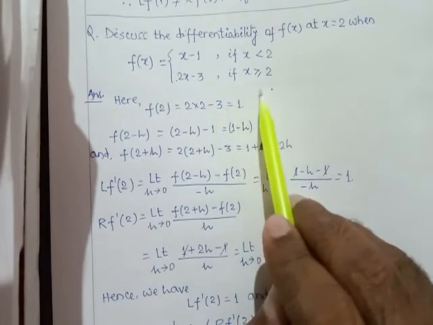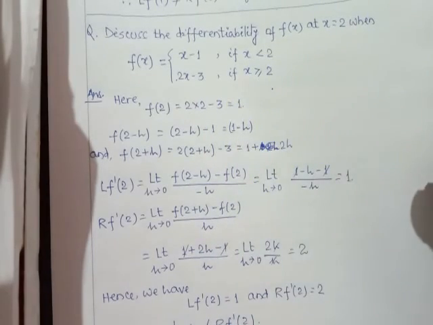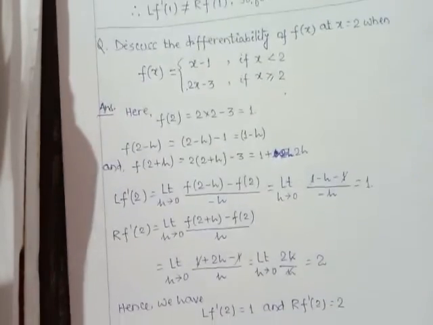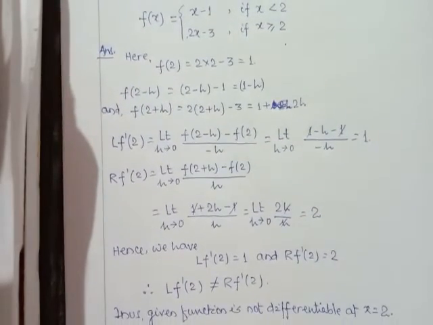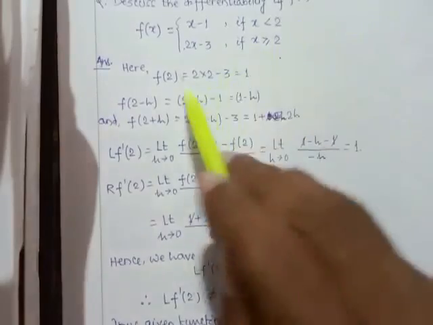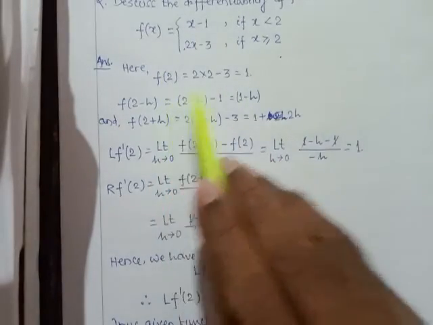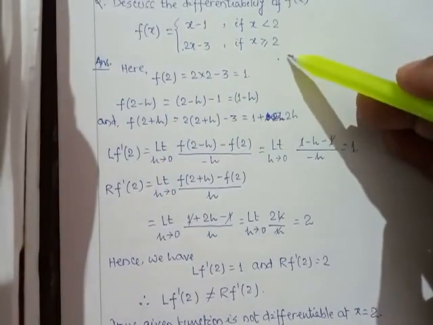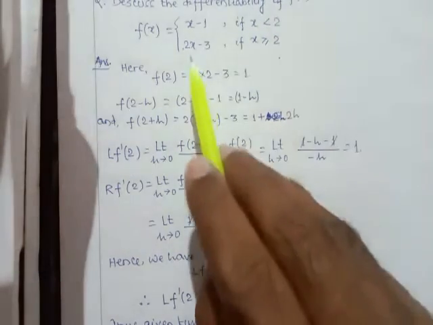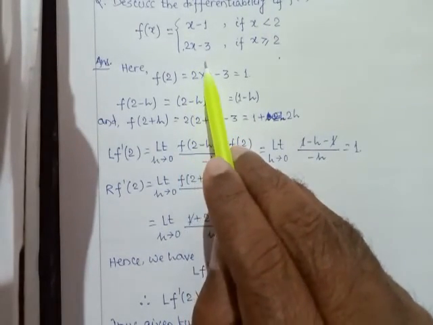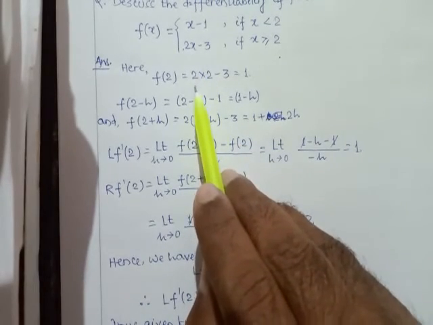Like previous problems, calculate f(2) first. f(2) means x is equal to 2. See the question, and the lower one is applicable when x is equal to 2. Here put x equal to 2, then it should be 2 into 2, 4 minus 3, which is 1.